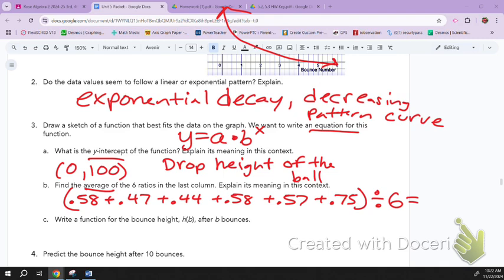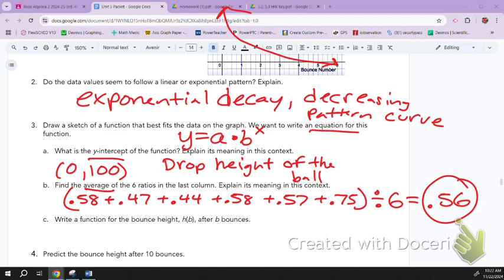Let's give people a second. 0.56. Are we getting something closer to 0.5 now? That was our estimate. 0.56. Okay. Right, you guys said that maybe this is going to be half or 0.5, and that's what we're getting from the data.